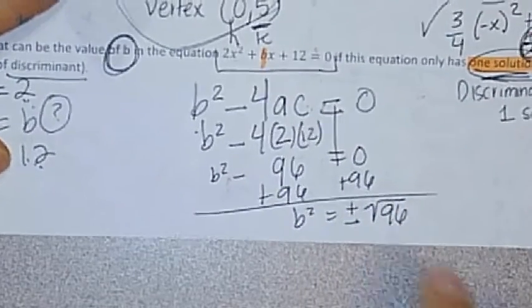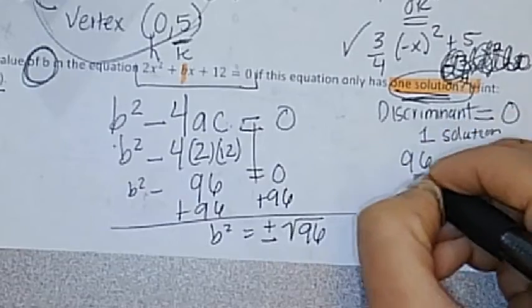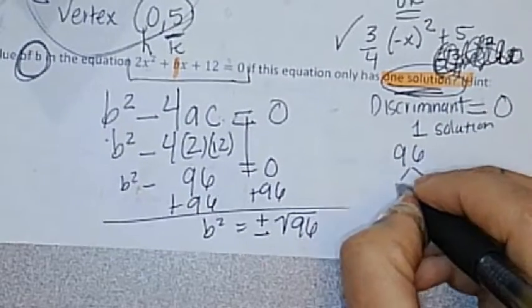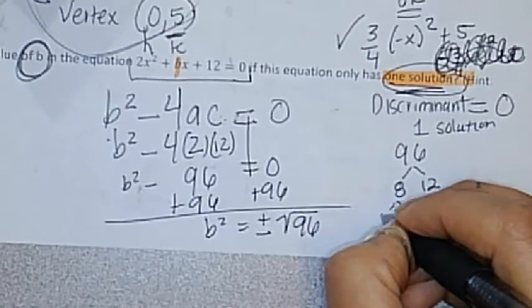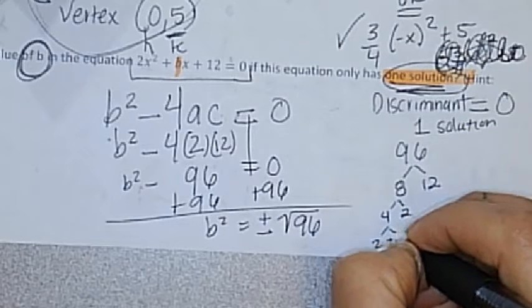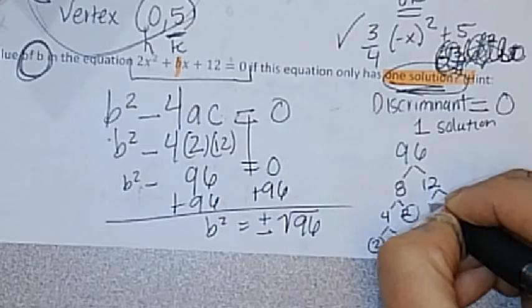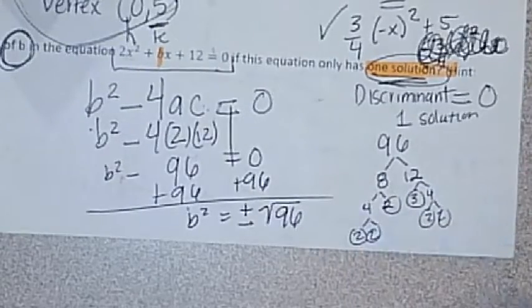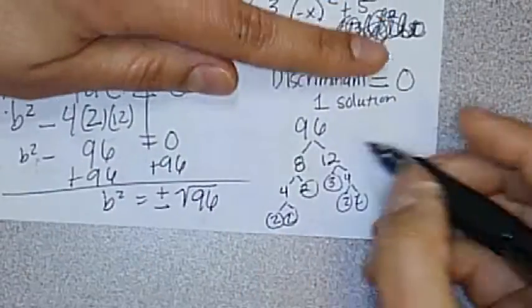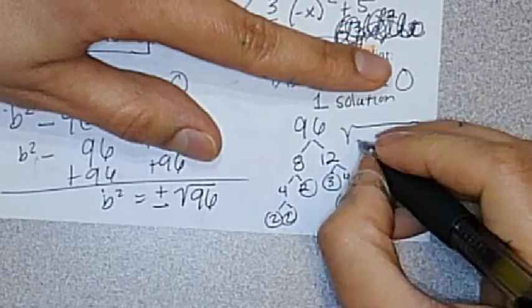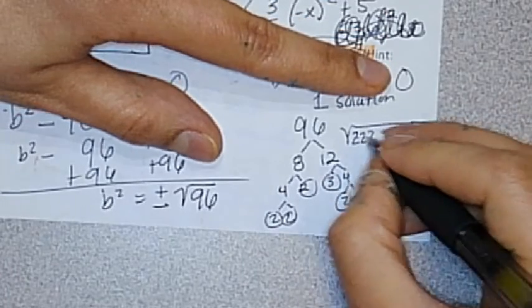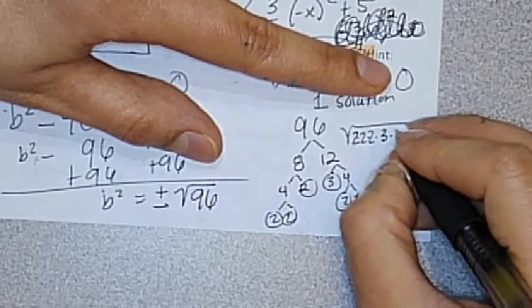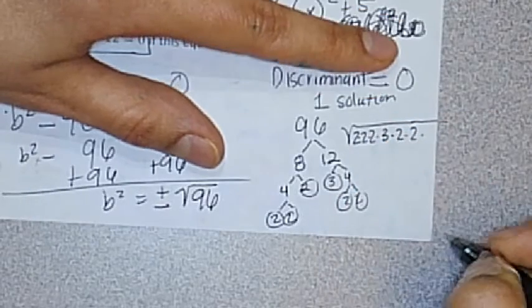This, we can simplify. Okay, so we have square root of 2 times 2 times 3 times 2 times 2.